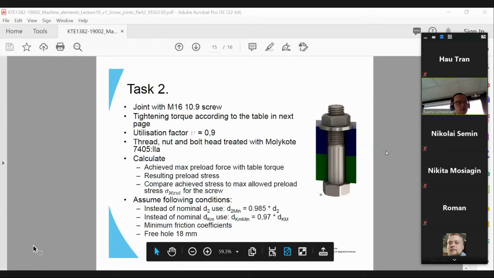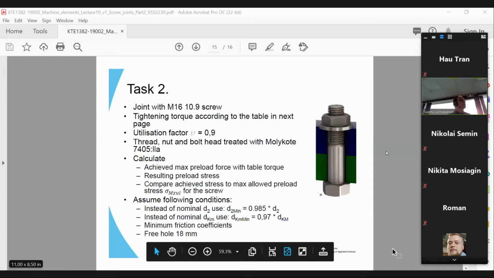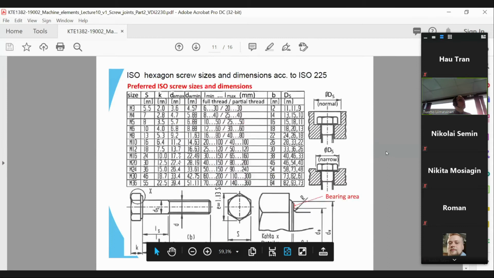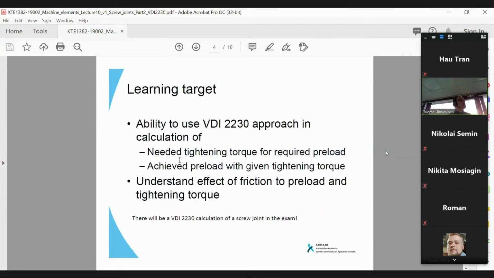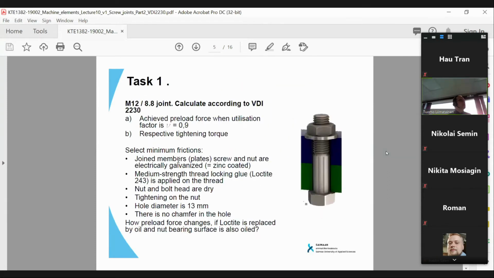So for today, at first, we'll continue with the same topic as last time. Last time we did a calculation task for a M12 8.8 screw joint, according to VDI 2230.